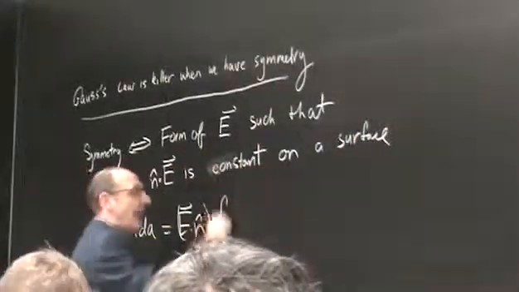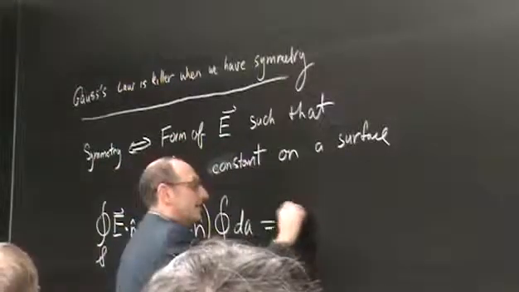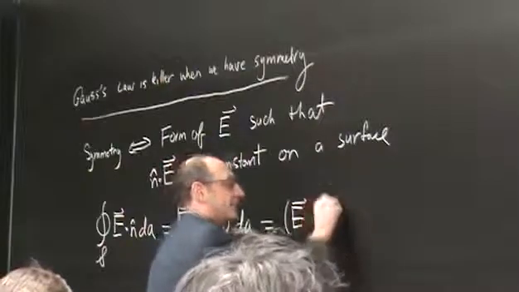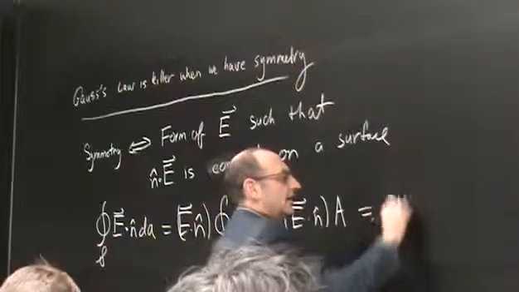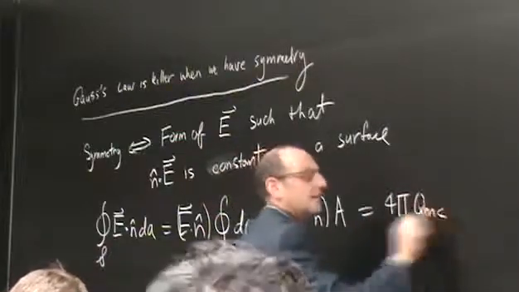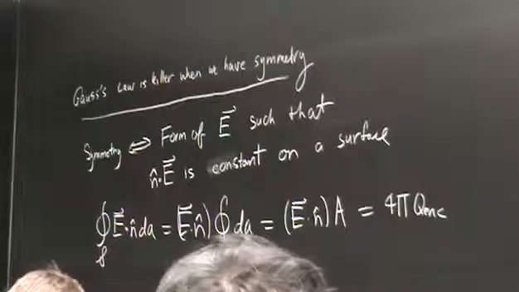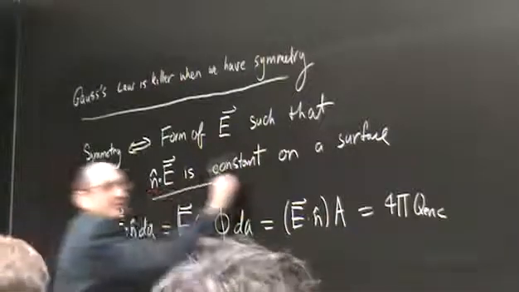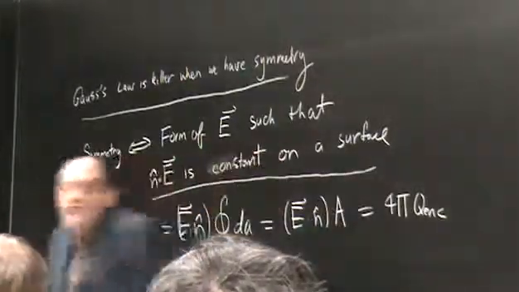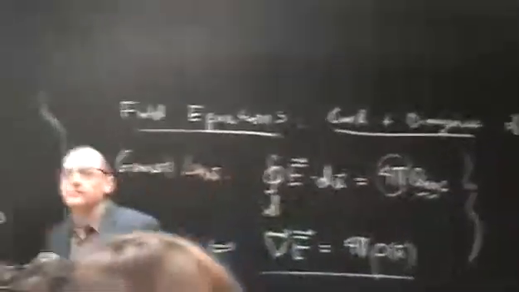Then I can pull this out of the integral, and then this becomes E dot n hat times the surface area, and that's then equal to whatever the enclosed charge is. So one should use Gauss's law to get the field when this is true. If it's not true, well, then it's not going to be so useful for determining what the field is.